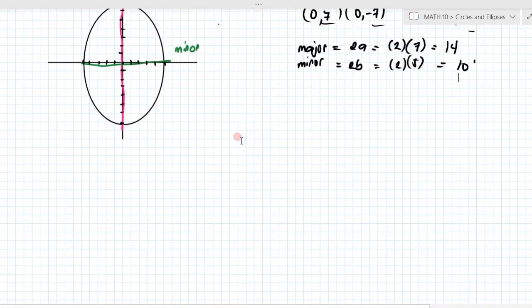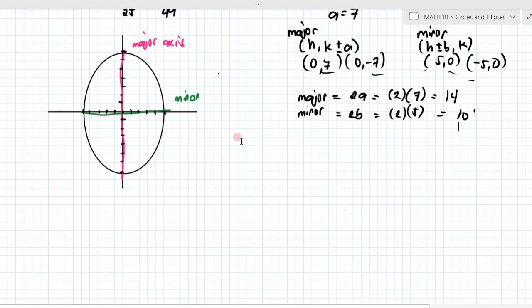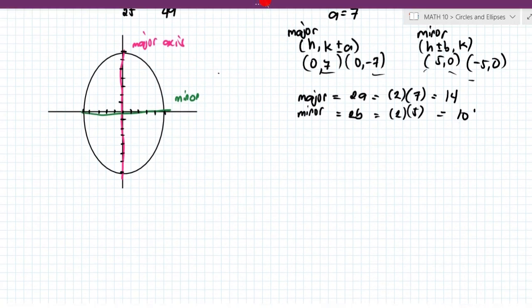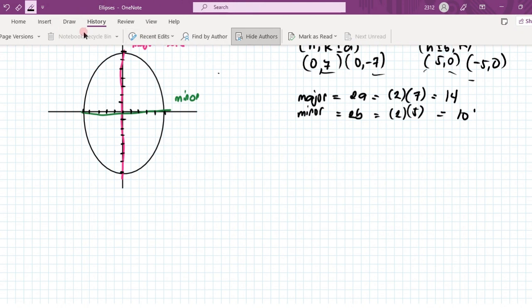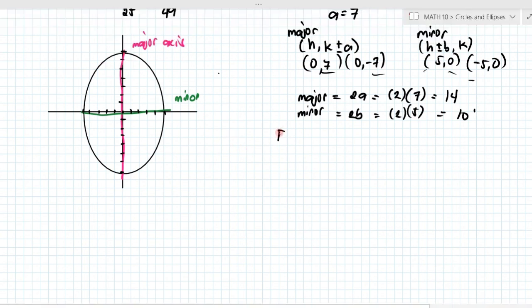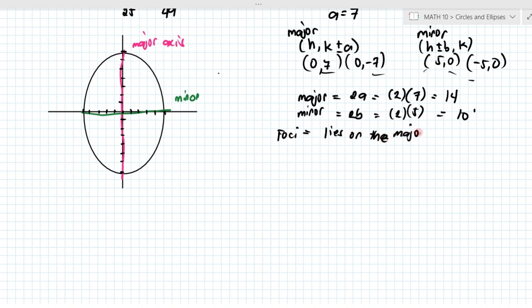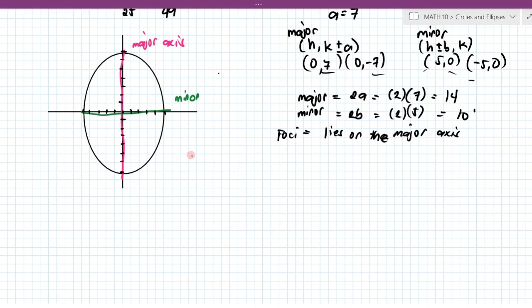Then, for the most important part, we need to find the foci. The foci lie on the major axis, however, c is much shorter than the major axis. So we will be using this formula: c squared is equal to a squared, not plus but minus b squared.